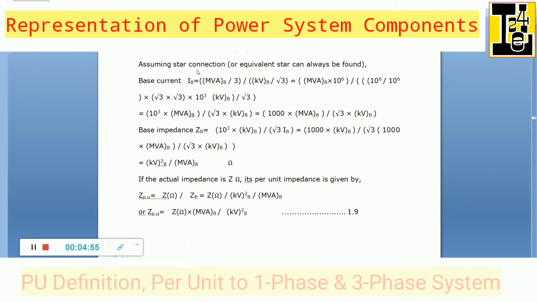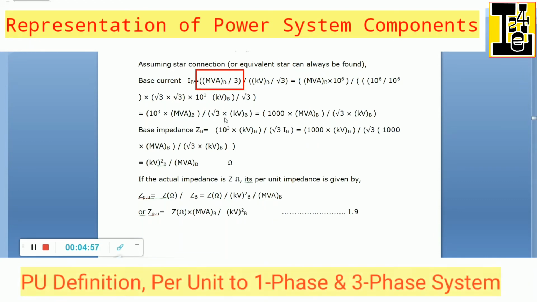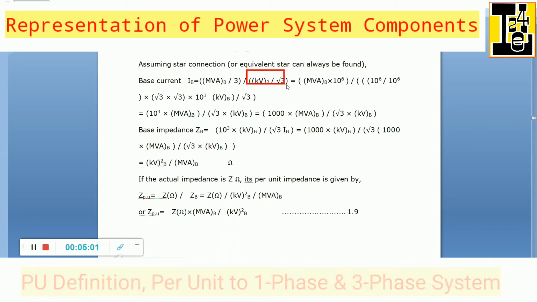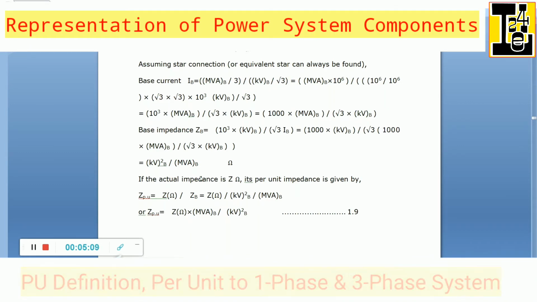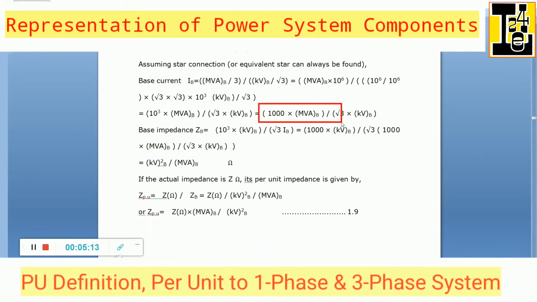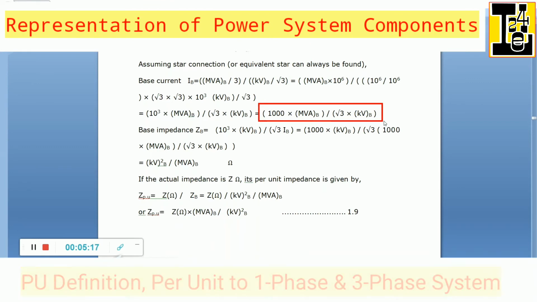Here, three-phase to single-phase conversion is done. From the line to line value, we have taken the phase value. That's why we have used kV base divided by √3. So after solving that expression, we get the base current is equal to 1000 into MVA base divided by √3 into kV base.